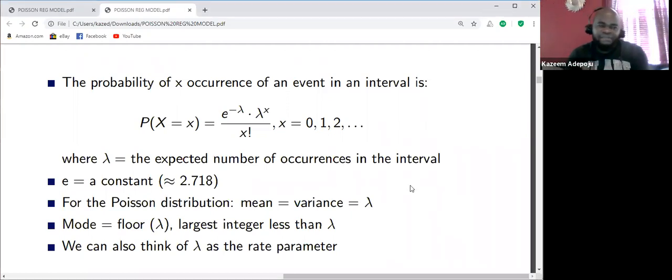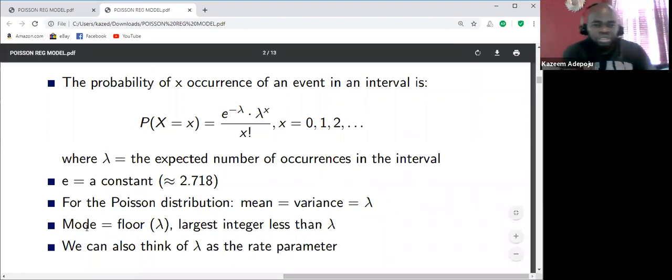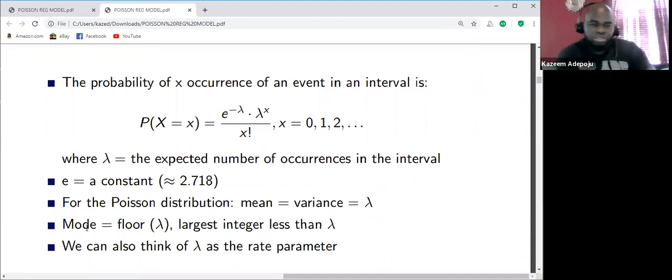The average number of occurrences in the interval is what we call lambda. And the mode is going to be floor lambda, the largest integer less than lambda. The mode is not likely to be the same as that, but we are not interested in that. We are interested in the mean and variance.